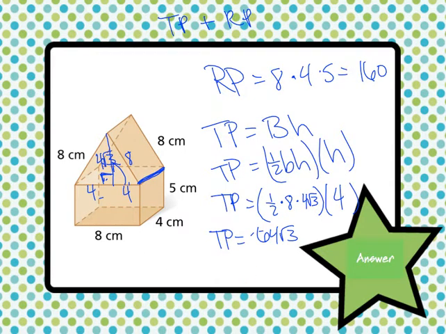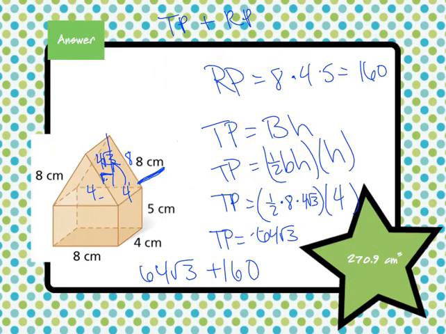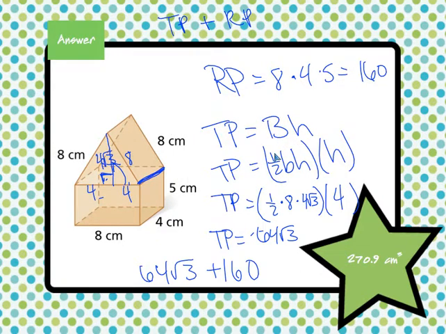So when we add the triangular prism plus the rectangular prism, plus 160, I got 270.9. Yay. Whew, and that is a little bit of work.